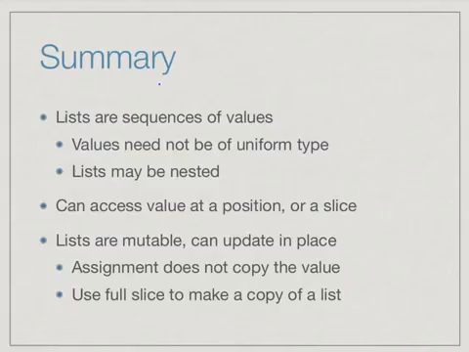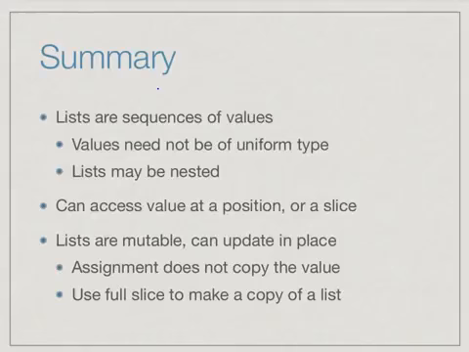So to summarize, we have now seen a new type of value called lists. So a list is just a sequence of values. These values need not be of a uniform type. We can have mixed lists consisting of lists, booleans, integers, strings, although almost always we will encounter lists where the underlying content of a list is of a fixed type.